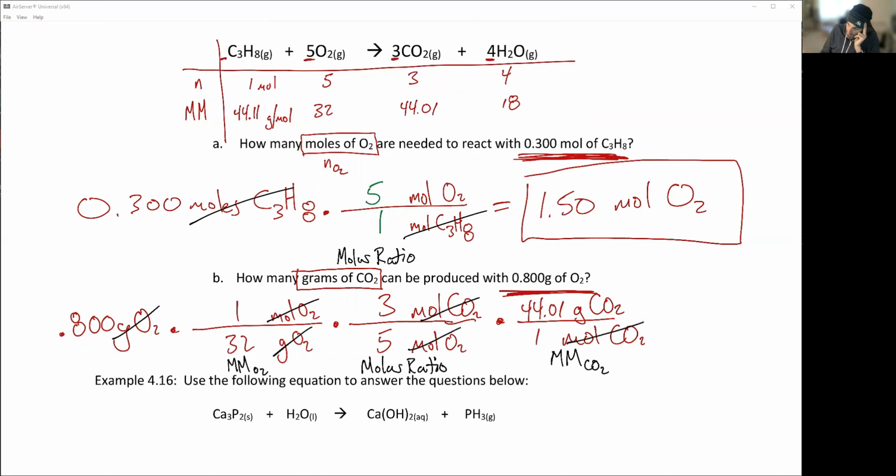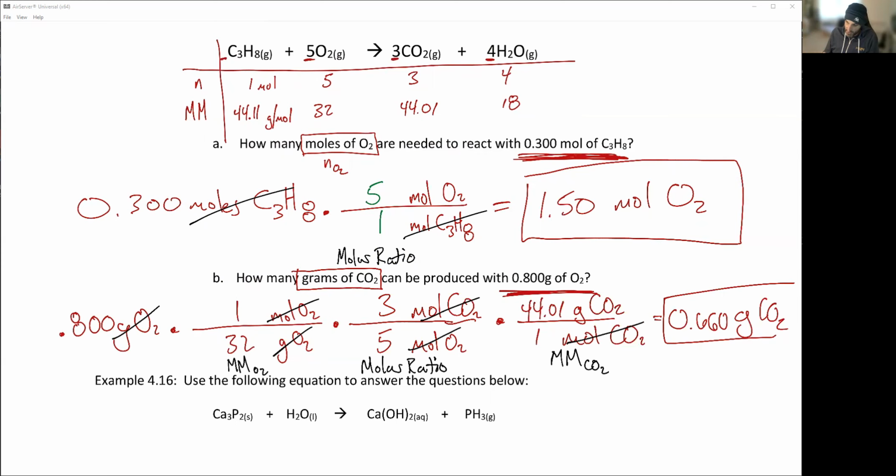Moles of CO2 cancel, and we are left with our final unit, grams of CO2. So let's do the math: 0.8 divided by 32 times 3 divided by 5 times 44.01, you should end up with 0.660 grams of CO2.